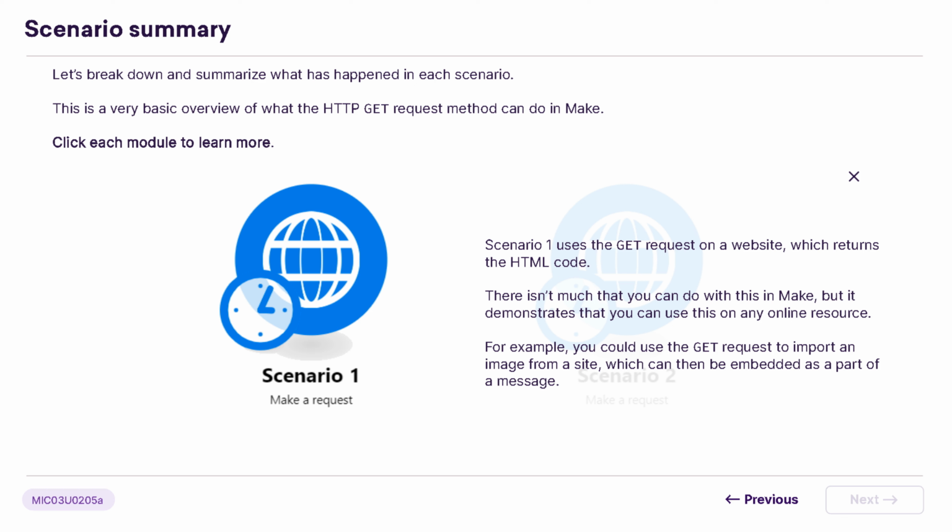For instance, you can use this method to pull in images from a website. Once retrieved, these images can be seamlessly integrated into communications, such as embedding them in a message. This showcases one of the versatile ways that GET requests can enhance data handling in various applications.